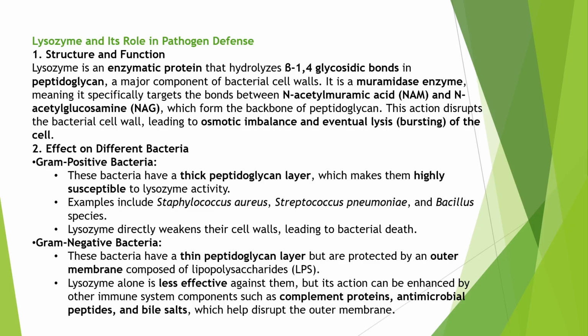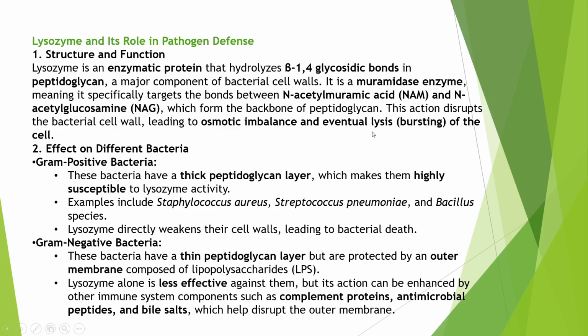Lysozyme is a muramidase enzyme, meaning it specifically targets the bonds between N-acetyl muramic acid, that is NAM, and N-acetyl glucosamine, also called NAG. So the bond between NAM and NAG is the one which will be broken. This forms the basic backbone of your peptidoglycan layer.